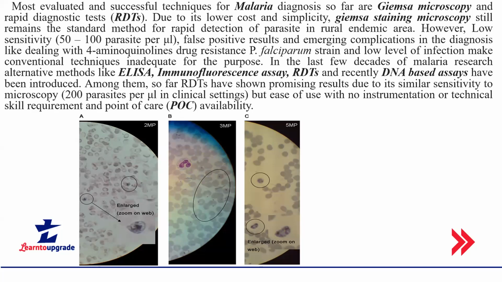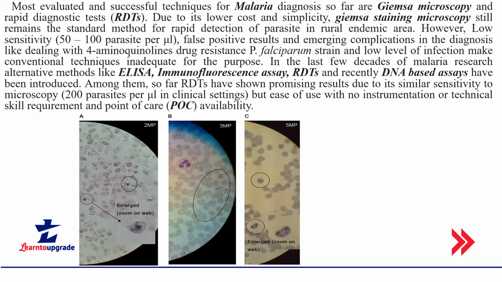Over here, the antigen will be the foreign pathogen which has caused the disease in my body. In this case, the antigen will be the malarial pathogen, that is P. falciparum. And in response to that antigen, my body will be producing antibody. So what we do in case of ELISA is we either detect the antigen or the antibody in the serum of the patient, and that's how we detect whether the patient is positive or negative.